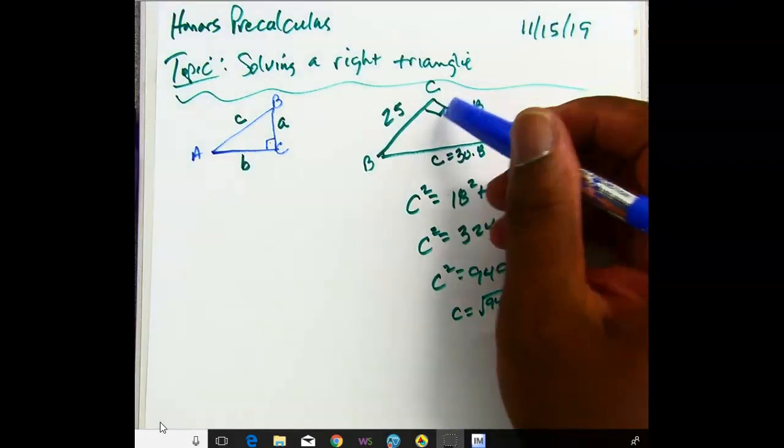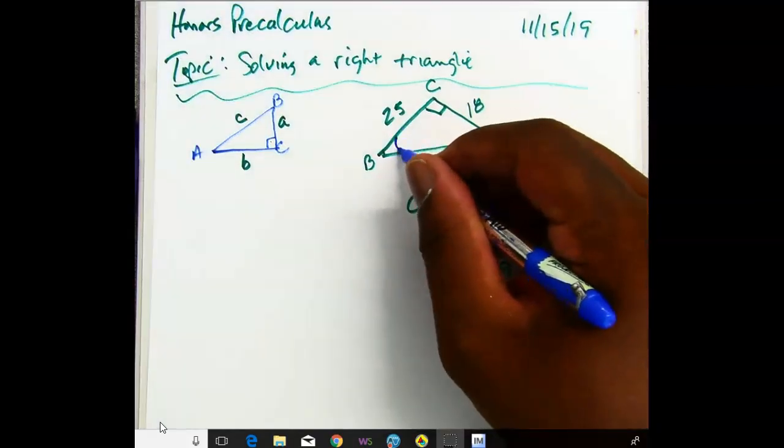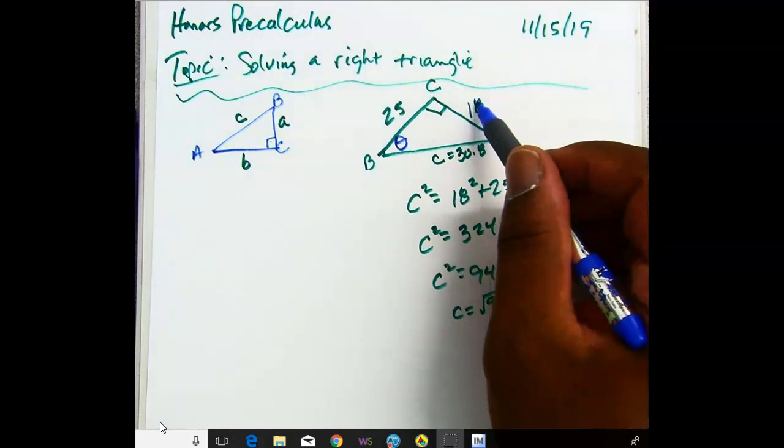So now we just have to figure out how we're going to find this angle. So let's go ahead and label this angle here theta. And we're going to go by the original side lengths that were given to us, and that was this 18 and this 25.